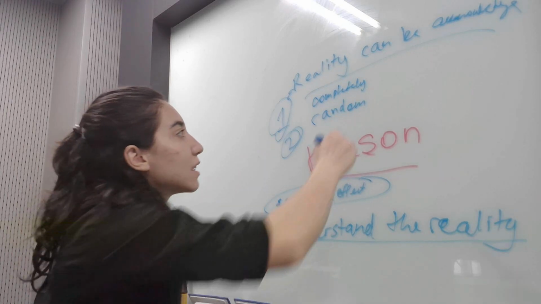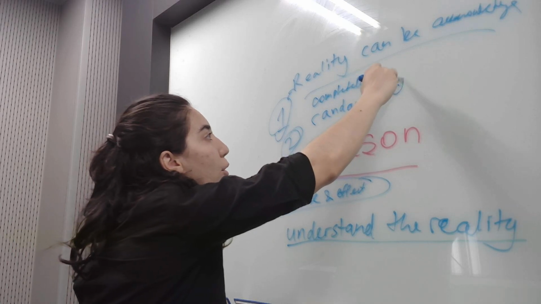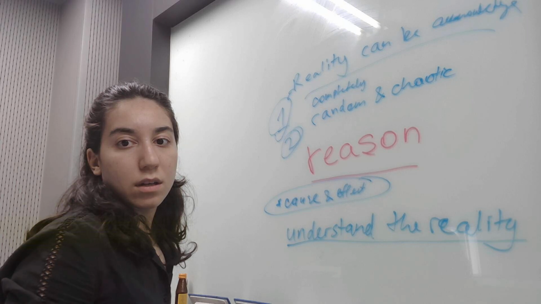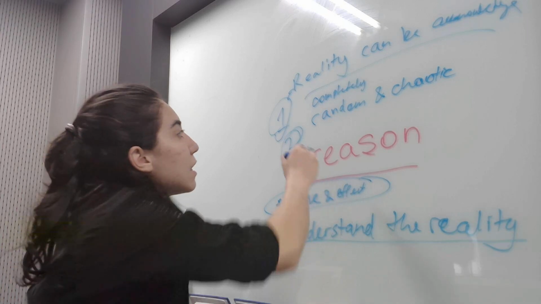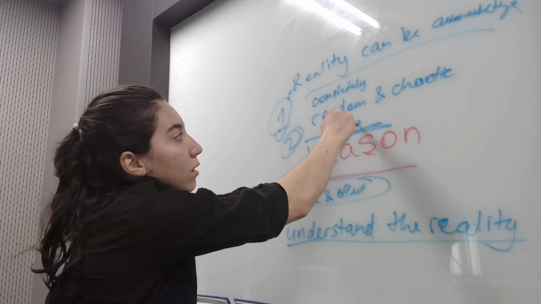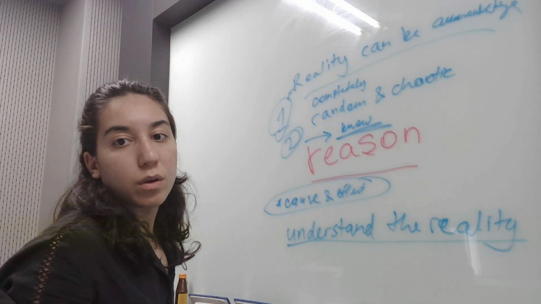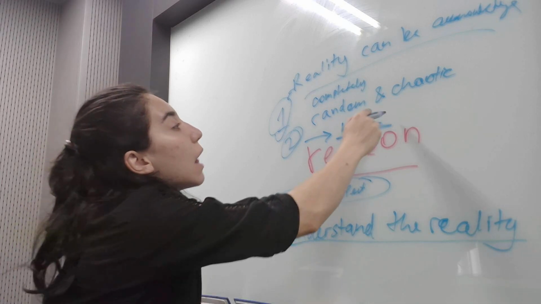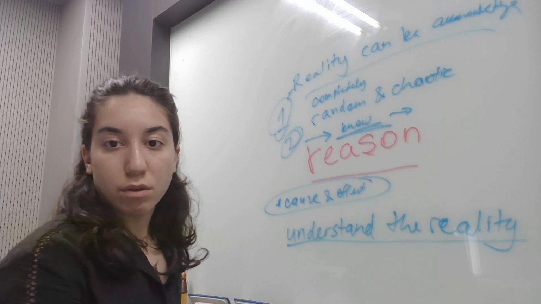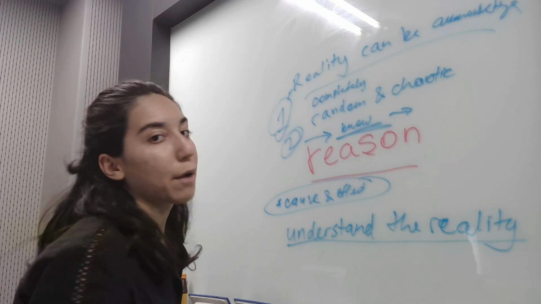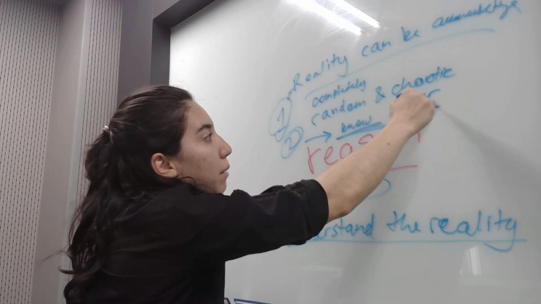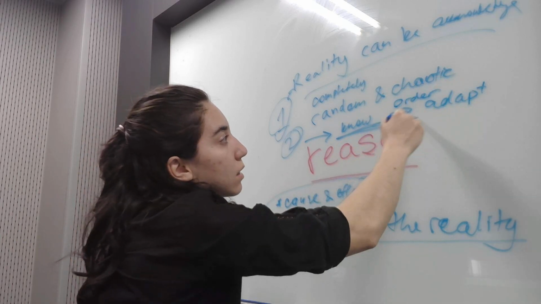Right? And it's not chaotic. That if we would know something, it could help us to act in accordance with our knowledge, to adapt. So if we would know the order, we could adapt, right?